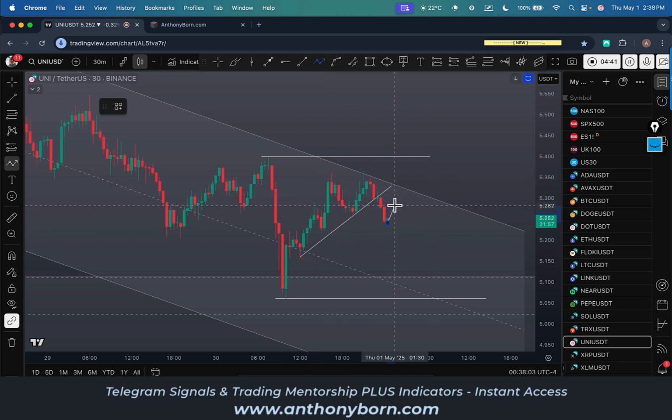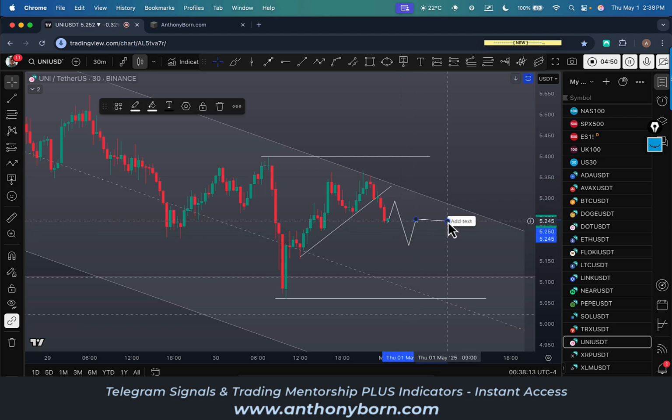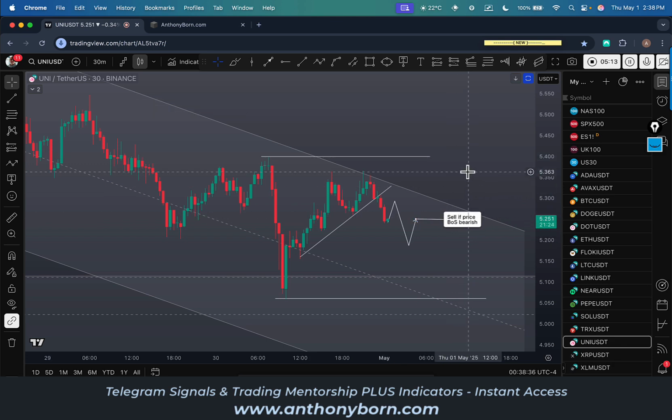If it comes back and fails here, then I would sell, probably there. That would be my sell, all right? So sell here if price breaks structure, BOS, bearish. That would be my plan of attack. Sell if price breaks structure bearish.